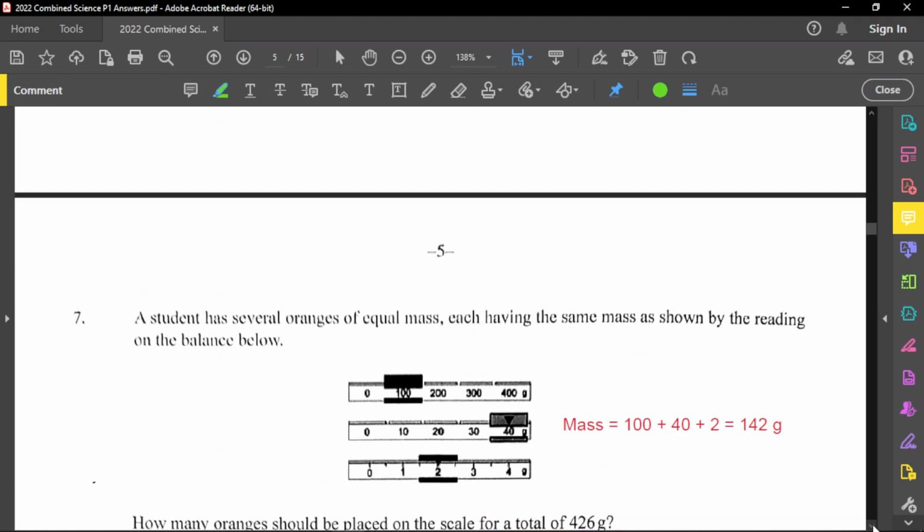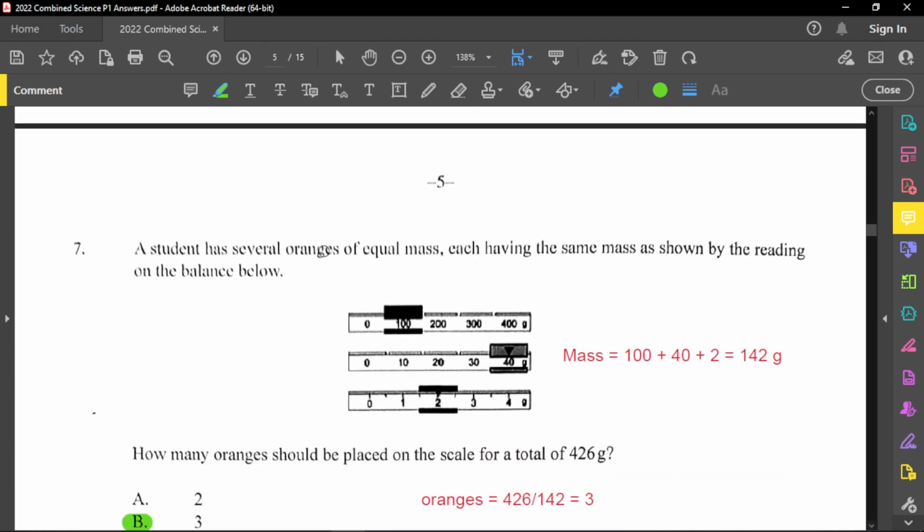All right. Now, question number 7: a student has several oranges of equal mass, each having the same mass as shown by the reading on the balance below. All the oranges have the same mass, and so the reading on this triple beam balance, notice there are 3 beams, is going to be 100 plus 40 plus 2, so the mass of each orange will be 142 grams.